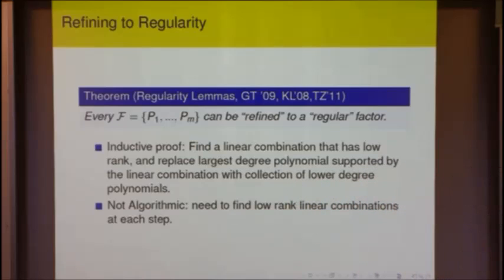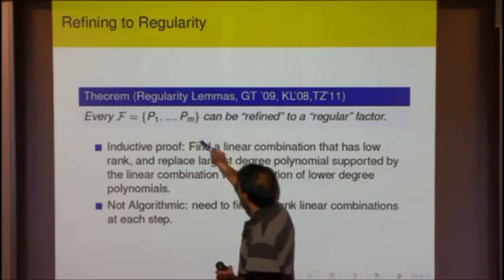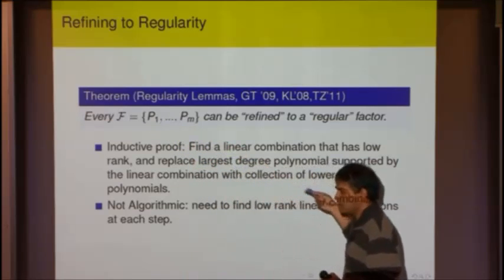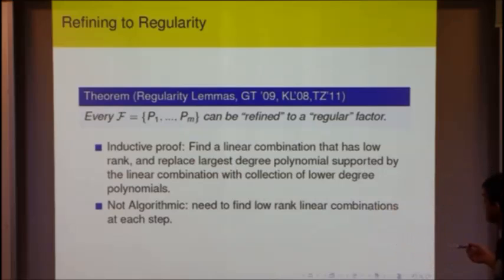Then you can replace P1 by the collection of lower degree polynomials that the linear combination can be evaluated in terms of. It's easy to show that you can run this induction. Each time you are replacing a polynomial by a collection of strictly lower degree polynomials, and eventually this induction stops.